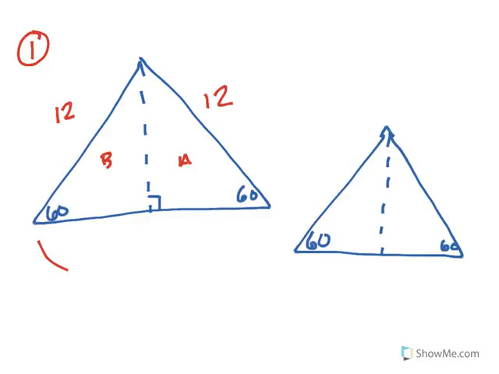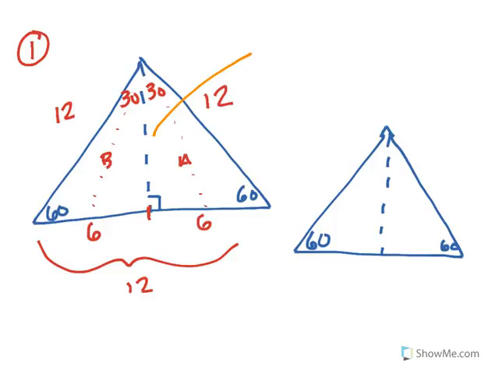Also, this whole bottom side is going to be 12. But if we cut it with that altitude, it's going to be two 6s. And look at that, because that's going to be across from the 30. It's the little leg. It's half the hypo. It's 6. It's half of 12. So the altitude is going to be the big leg, and it's going to be little leg times radical 3.